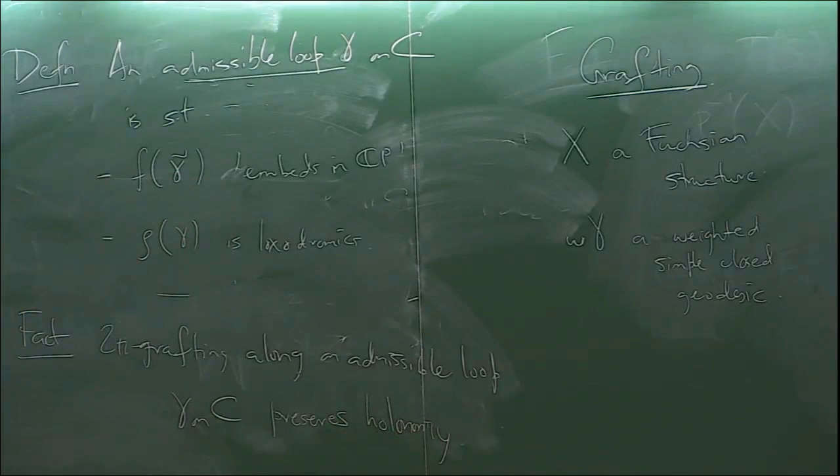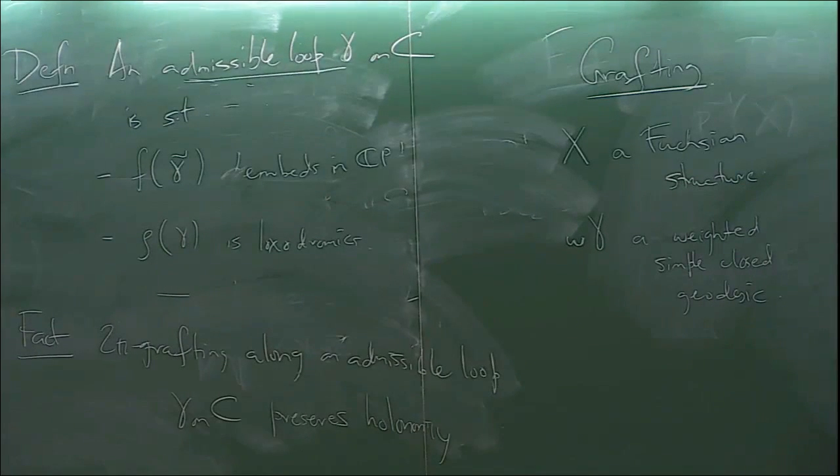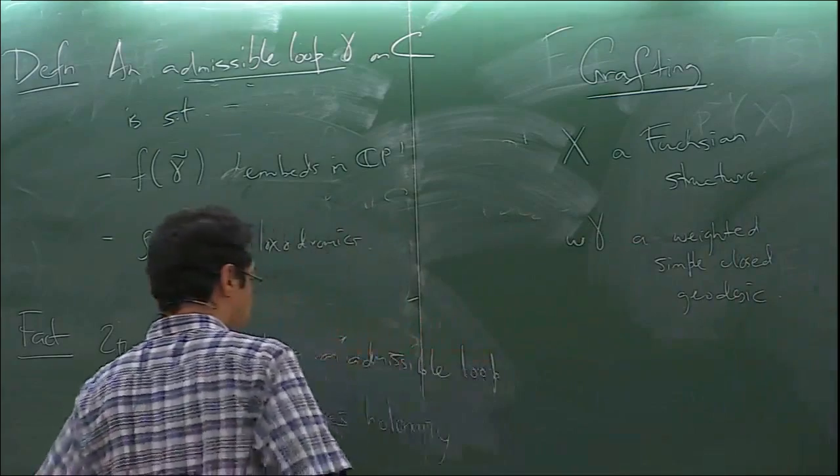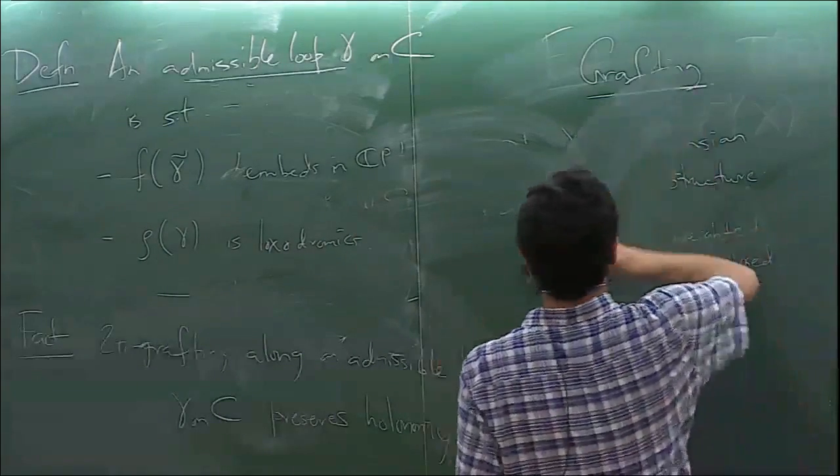It changes the conformal structure, as we shall see. So with this grafting along a loop, you introduce this cylinder, so you change the modulus of this curve, but you preserve the holonomy.